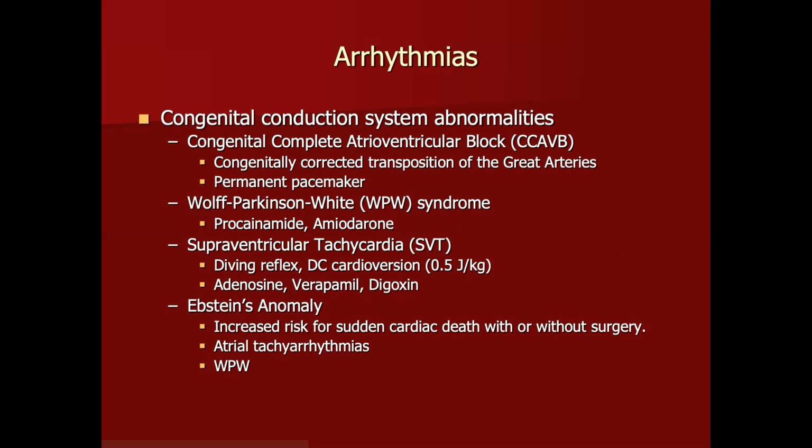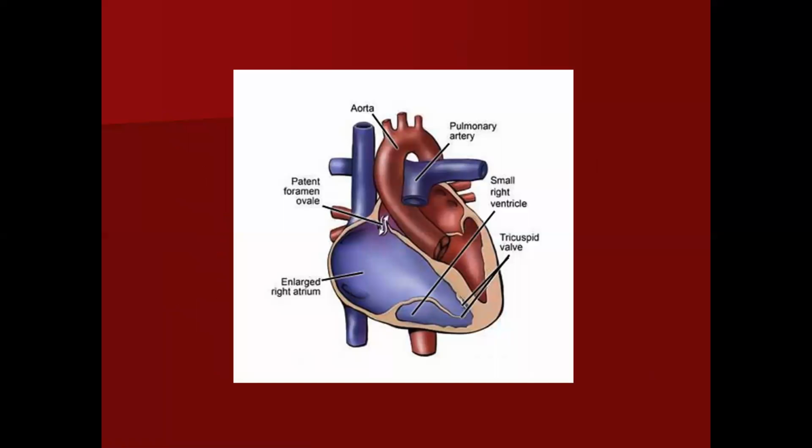There is a great variability in the age of presentation, but if not repaired, atrial tachyarrhythmias become increasingly common and result in sudden death in someone who may have not had a diagnosis of the lesion prior to presentation. Here is a picture. Displaced tricuspid valve, enlarged right atrium.